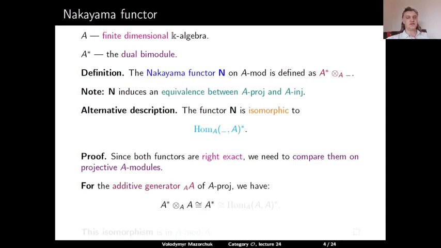Taking the projective generator A of A-proj, the image of A under tensoring with A dual is of course A dual. But this is also the image of A under homing into A and then taking the dual. And this isomorphism is an isomorphism in the category of A-A bimodules. So this proves the alternative description of the Nakayama functor.